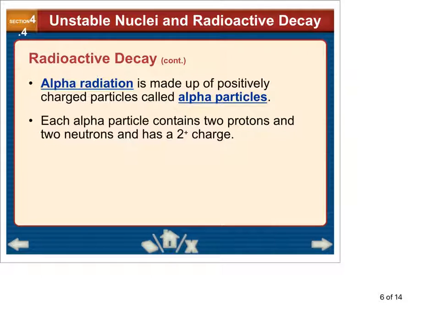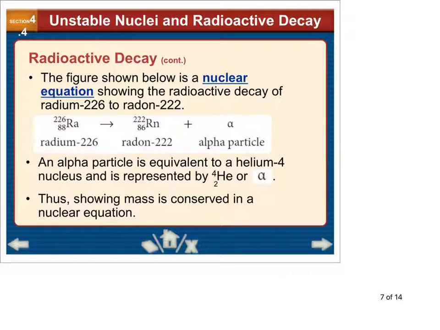We've got a few different kinds of radiation. Alpha radiation is made up of positively charged particles called alpha particles. Each alpha particle contains 2 protons and 2 neutrons and has a 2+ charge. So we can have nuclear equations.